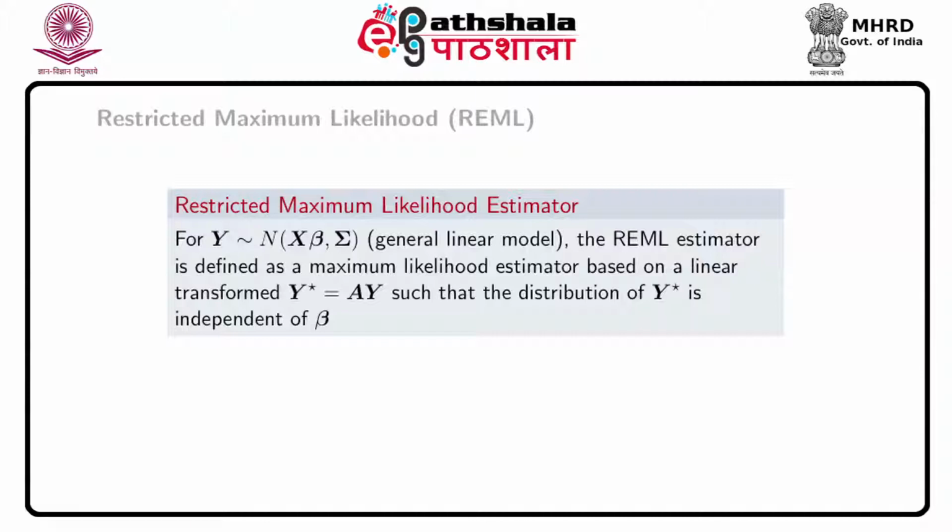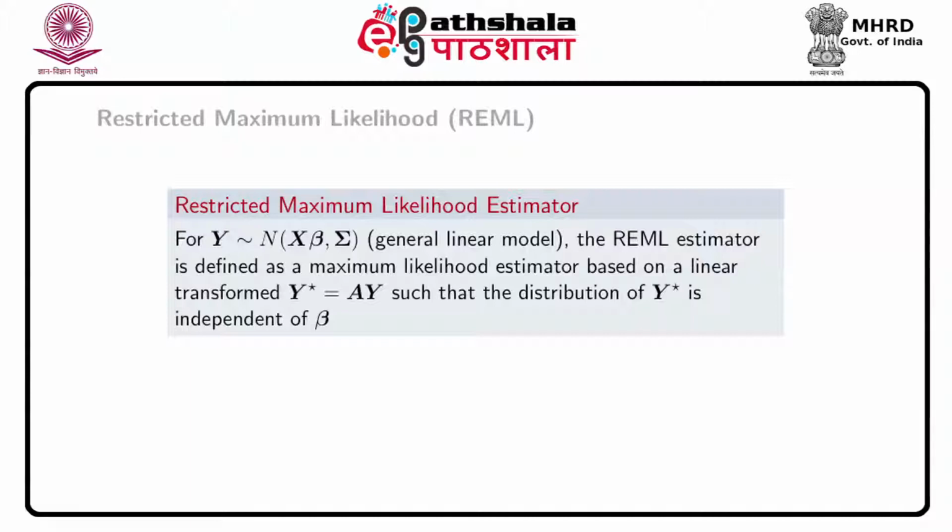Now, what is the idea? The idea is to separate the total data into two parts. One part is the data used for the estimation of V, that is, the variance components.